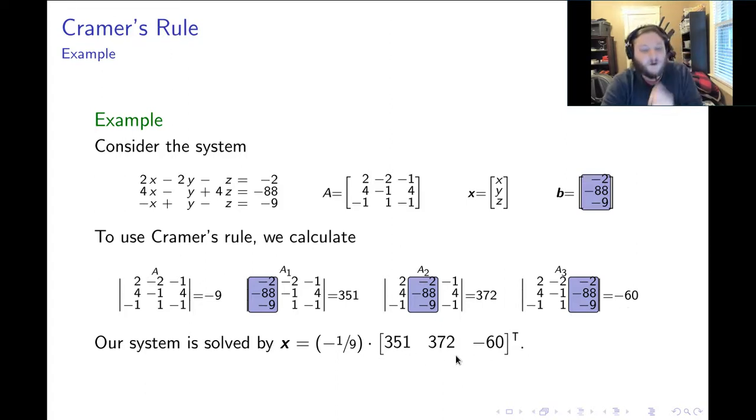The first coordinate of the solution vector X would be 351 divided by -9. The second coordinate would be 372 divided by -9. And the third coordinate would be -60 divided by -9. So here we've successfully used Cramer's rule to solve the system. We had to do a bunch of determinants, but given that we were comfortable doing those determinants, we do indeed get the solution to the system.